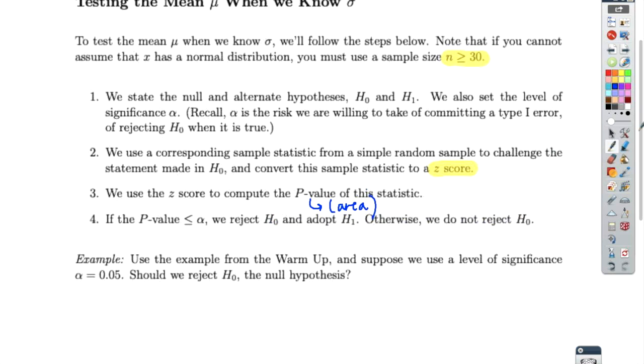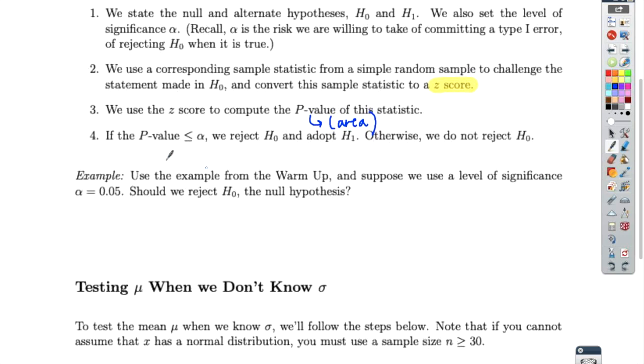Okay, so following up on the warm-up, if we have a level of significance of 0.05, in other words, 5%, should we reject H0, our null hypothesis? Now, remember the picture kind of looks like this. Wherever alpha is, so 0.05, if our p-value is over here, then this is okay.